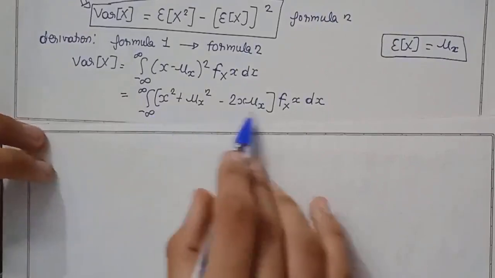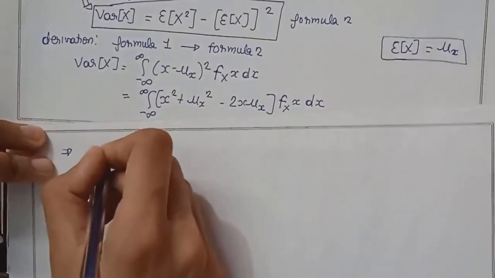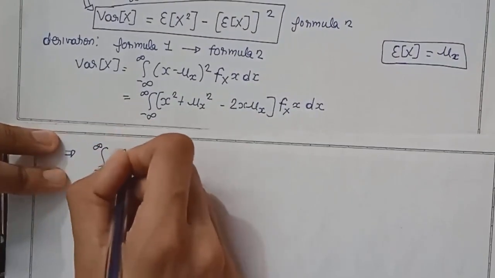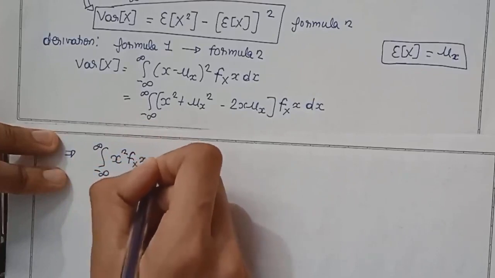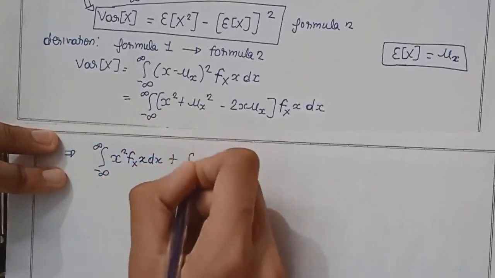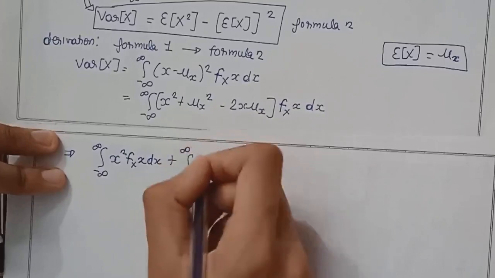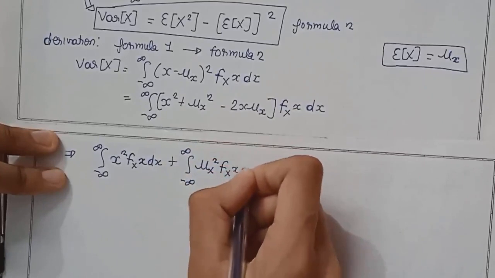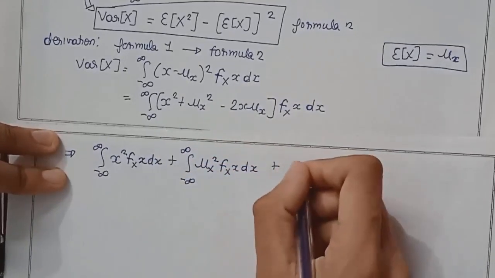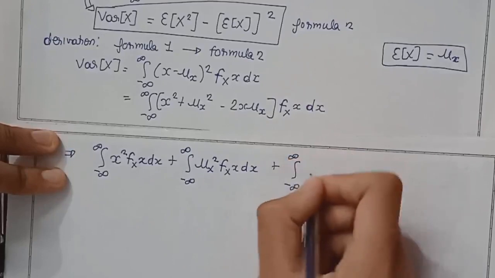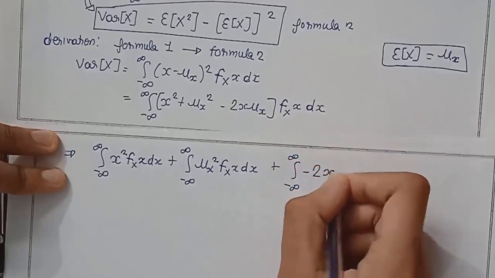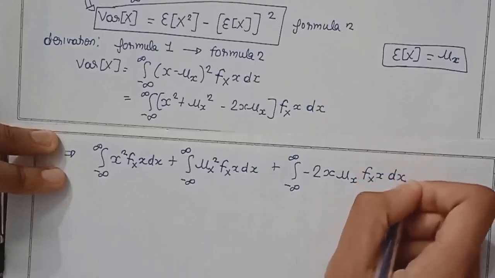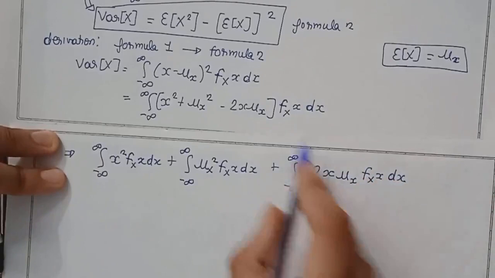So now this can be written as the integration from minus infinity to infinity of x square into PDF values, plus the integration from minus infinity to infinity of nu x square into respective PDF values, and the integration from minus infinity to infinity of minus twice of x into nu x into PDF values. So this is what we have got from this.